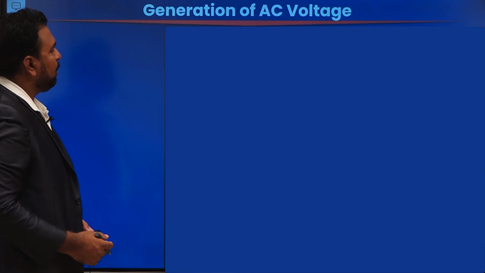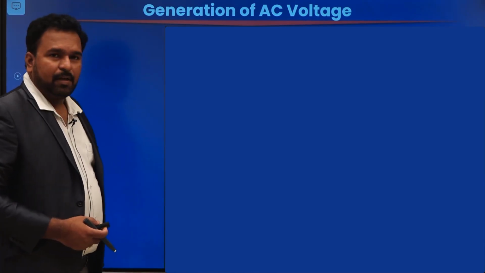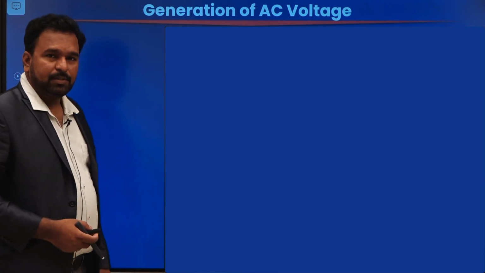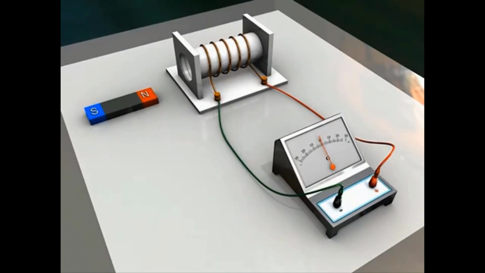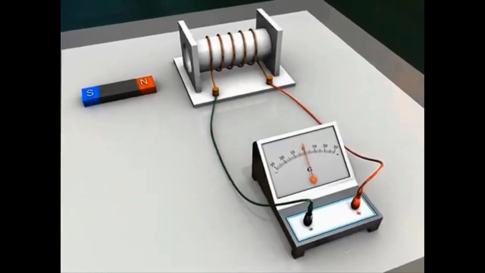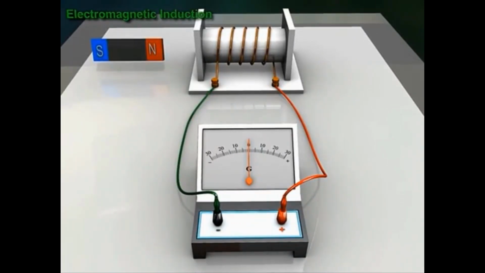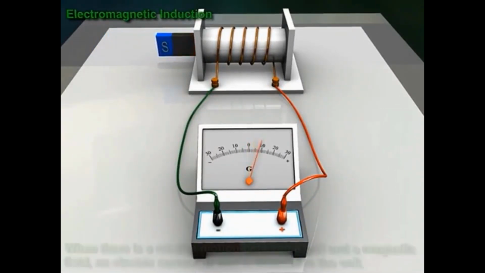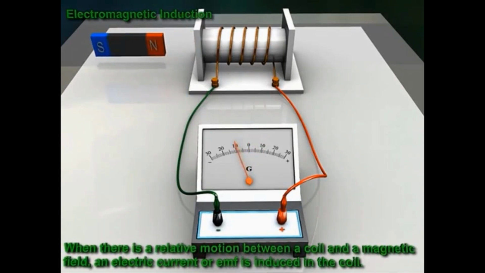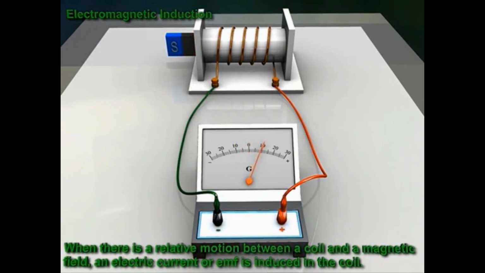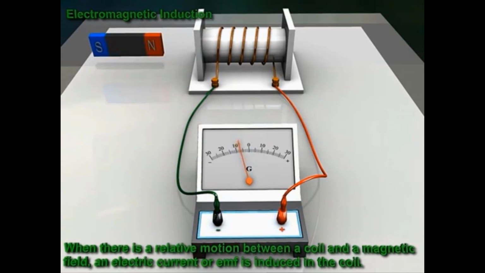Next, now watch a simple AV on how we are going to generate an AC voltage. An AC generator works on the principle of electromagnetic induction. In electromagnetic induction, when there is a relative motion between a coil and a magnetic field, an electric current or EMF is induced in the coil.